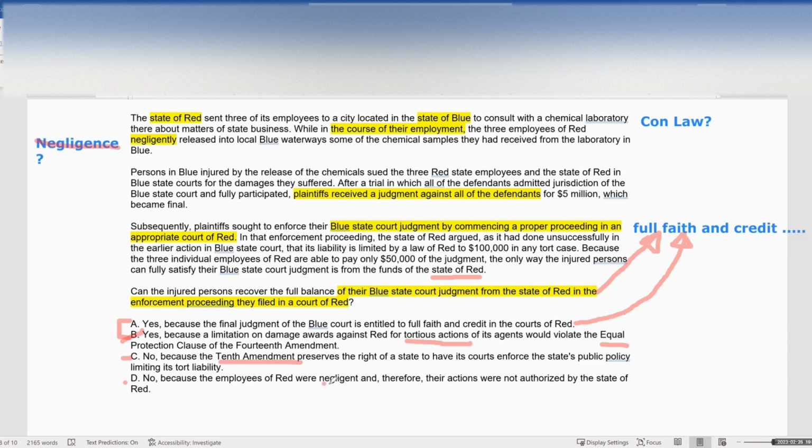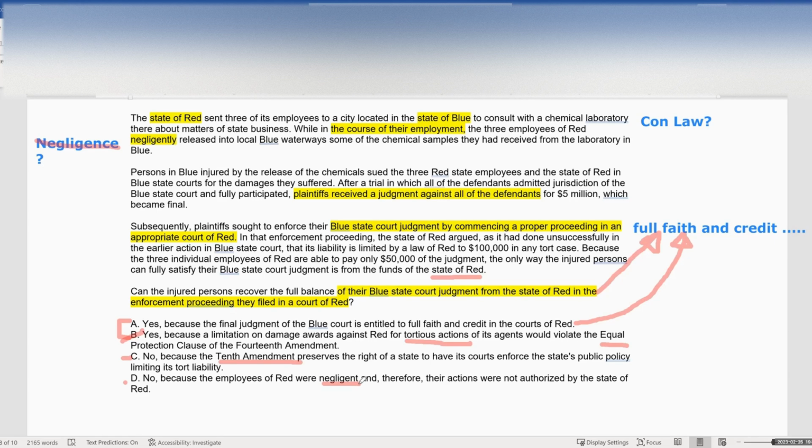This again is highlighting the analysis for negligence and the vicarious liability idea, which says that the principal is liable for its agent if there is an agency relationship. In this case, they're trying to argue that these individuals are liable on their own and the state is not liable on their behalf because their actions were not authorized by the Red state. None of that is part of the analysis here.